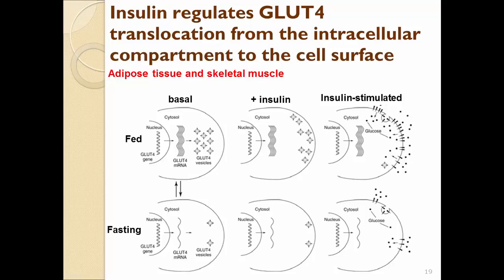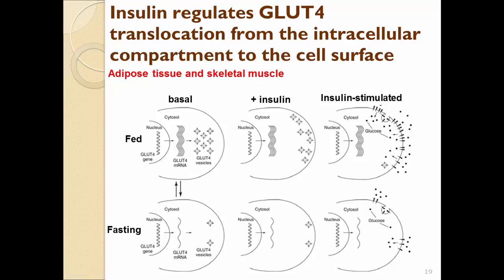And now we're going to talk a little bit more about glucose transport into the cells, particularly in the fed condition, right? We mentioned that insulin is the main hormone that drives glucose transport into the tissues.